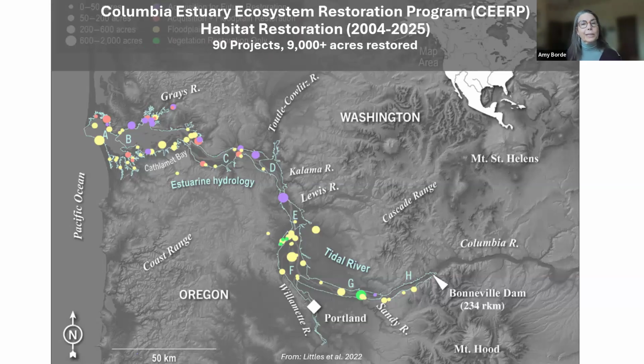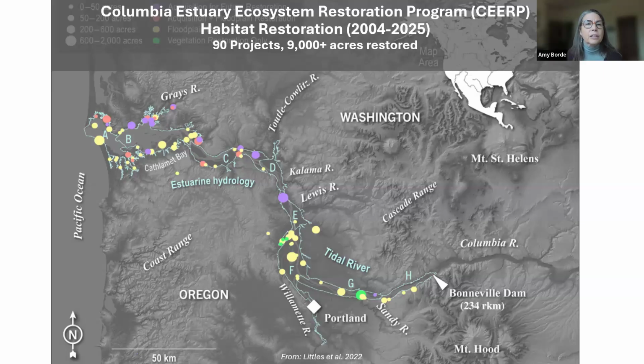The paper didn't quite include all of the projects to date, but there are now 90 restoration projects covering a little over 9,000 acres. And the Columbia Land Trust is one of 5 project sponsors doing that restoration work throughout the estuary.